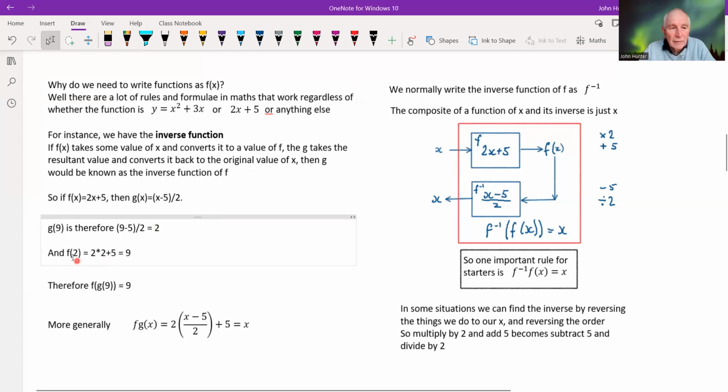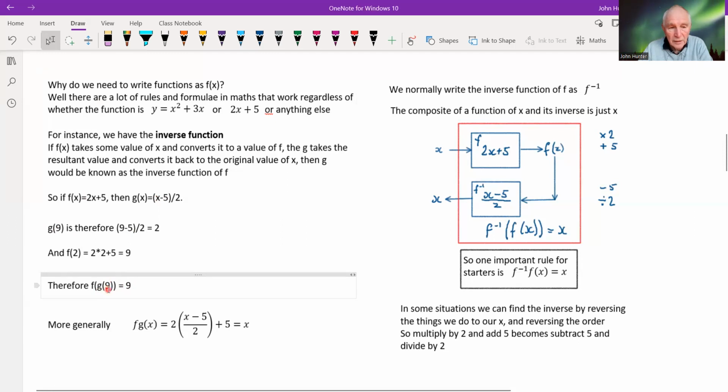And then f of 2 would be 2 times 2 plus 5, which is 9. So if we're looking at f of g of 9, that's f of 2, and f of 2 is 9.